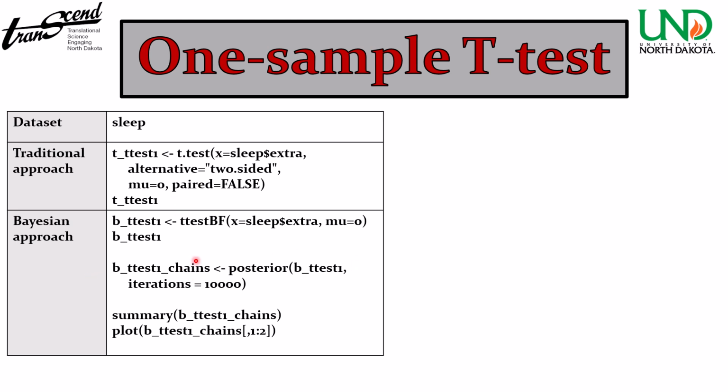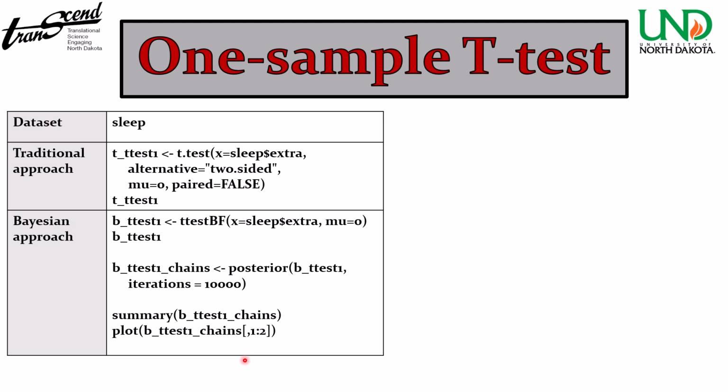Because we're doing Bayes factor, we can essentially get chains. We can run the function posterior for iterations, and we can sample from the posterior using MCMC. And we can get summaries of these chains to get the posterior distribution, and we can plot some of that. There's a lot going on there, but it'll help when we visualize it.